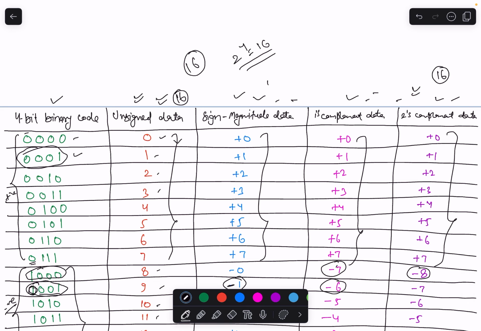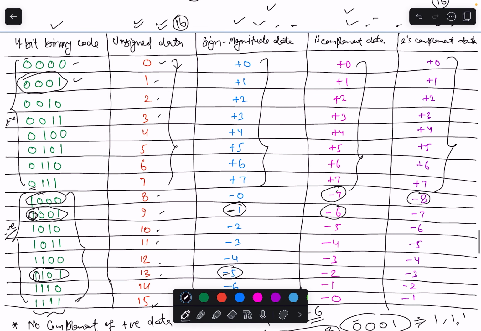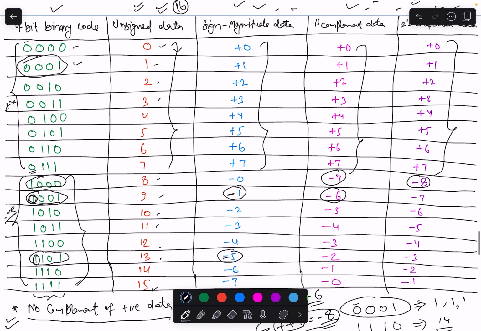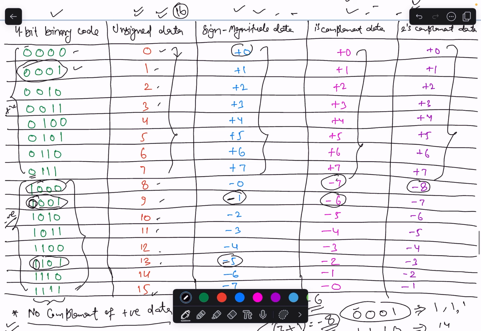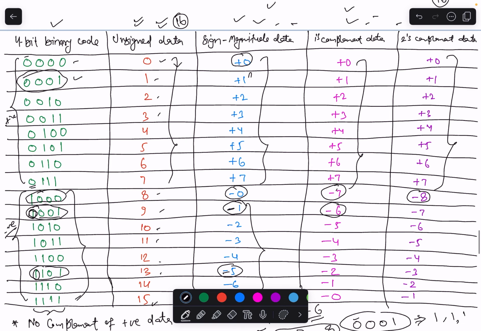But in the sign magnitude data and the ones complement data, we are representing only 15 numbers here, because we are representing 0 with two numbers, plus 0 and minus 0. So here we have 1 to 7, and 1 to 7, that is 7 and 7, 14, and this 0 is the same, so 15.